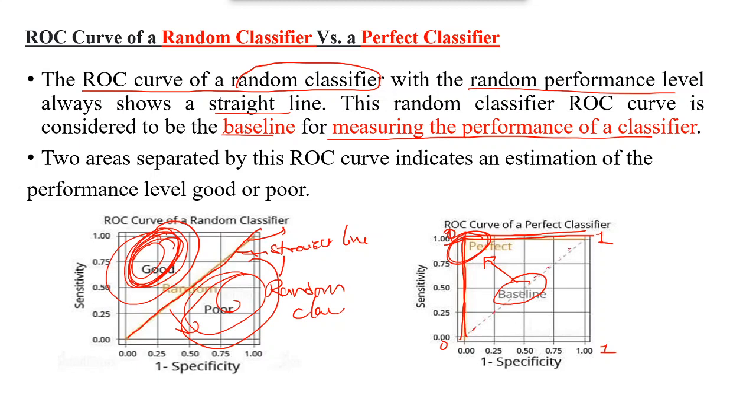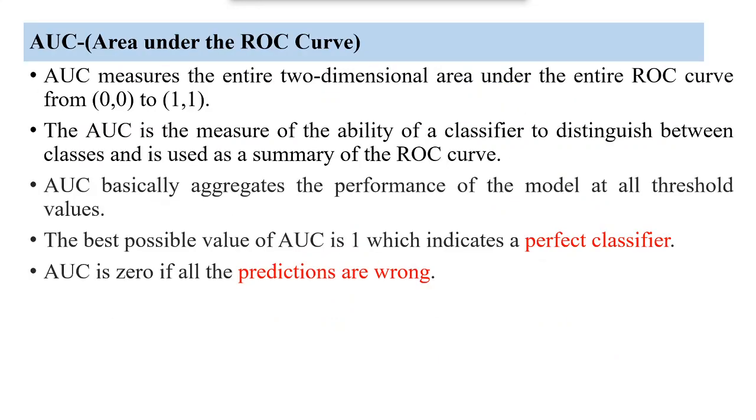This dotted line is nothing but the random classifier, and it is the baseline. Top of the baseline is considered the good model, and especially when the model reaches the point where the true positive rate is 1 and the false positive rate is equal to 0, that is the perfect classifier.